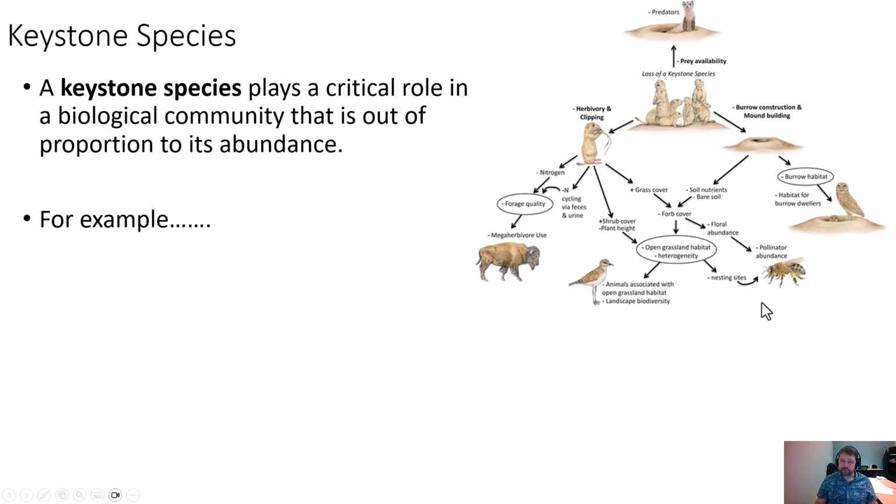Okay? They also play a big role in changing the plant community. Okay? So if prairie dogs are removed, grass cover increases. Okay? And from a perspective of like a rancher who might be raising cattle, this is a good thing, and this is another reason they want prairie dogs removed.